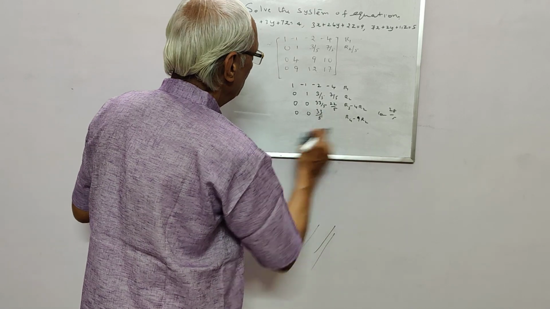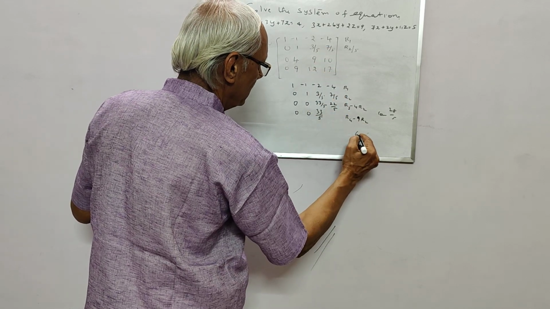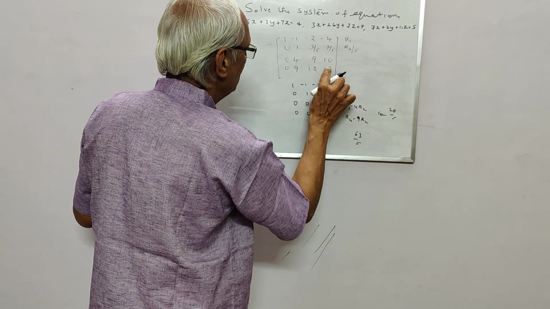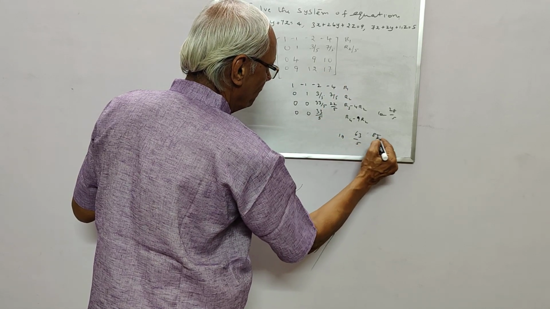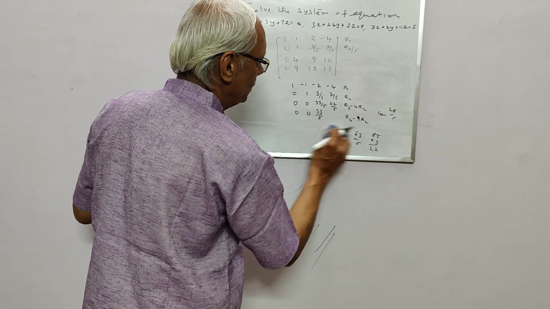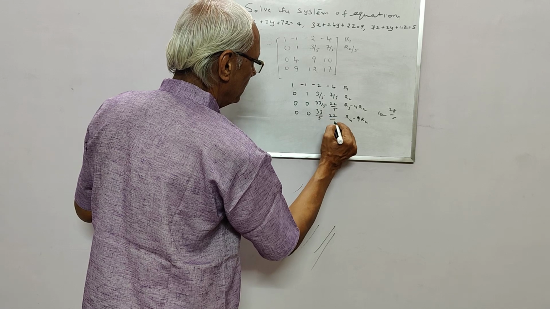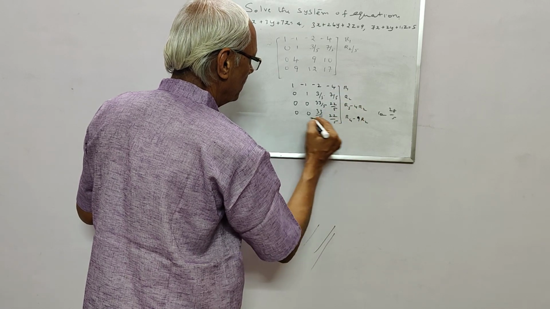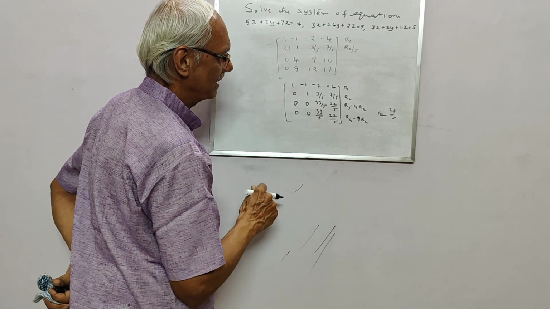Then 9 into 7 is 63 by 5. Take away from 17. So this is 85. 85 minus 63 means what? 22. So 22 by 5. So I am able to get this result.